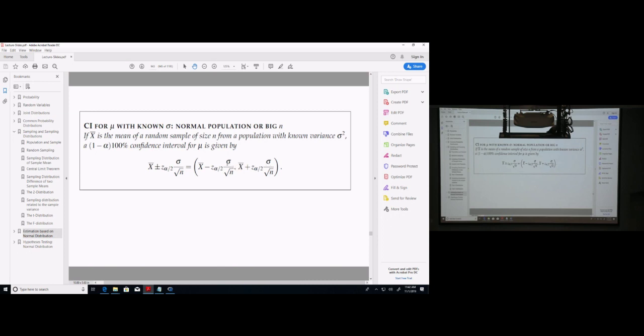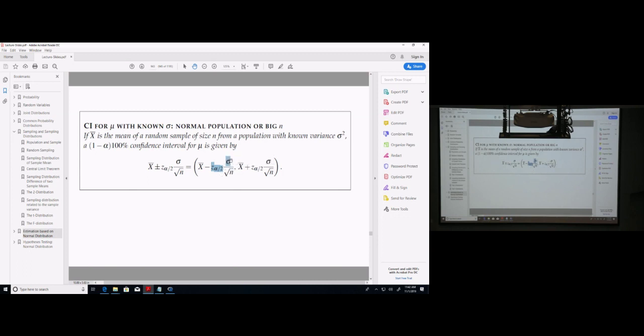So a way to get out of this is to replace sigma by the sample version, S. And now, of course, Student's t says that it is no longer accurate to use the standard normal. So you have to change it to the t distribution.